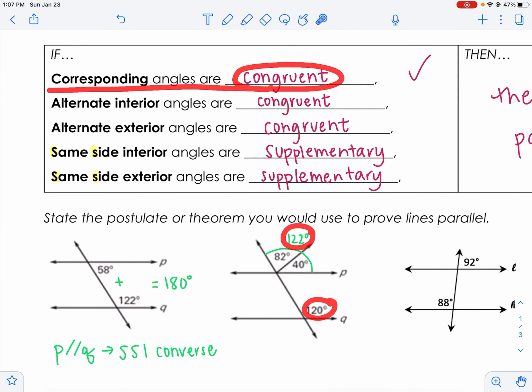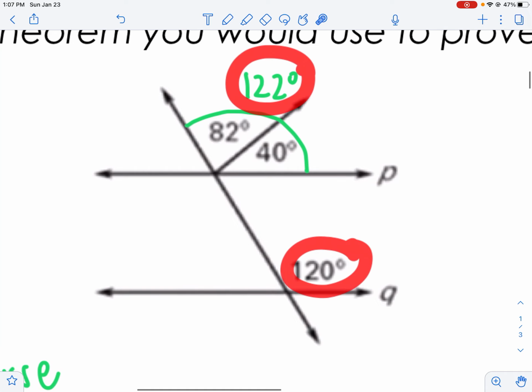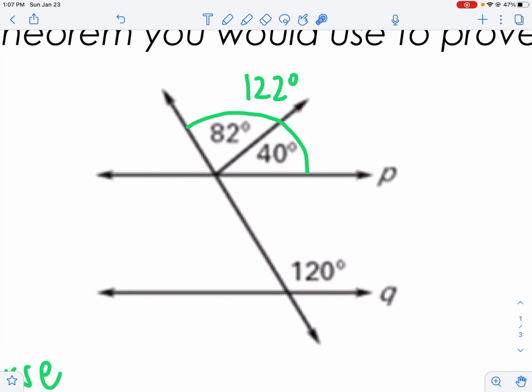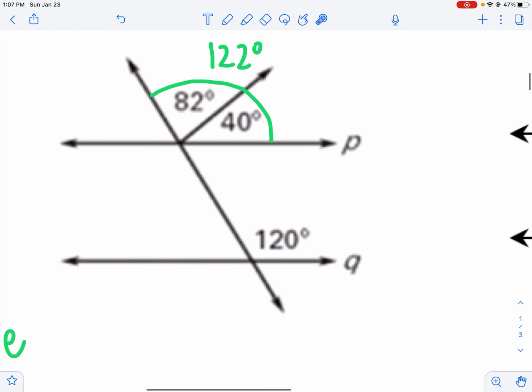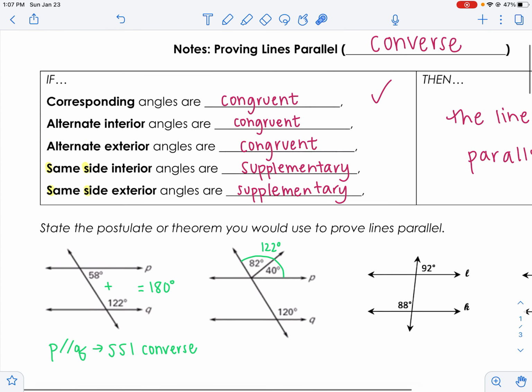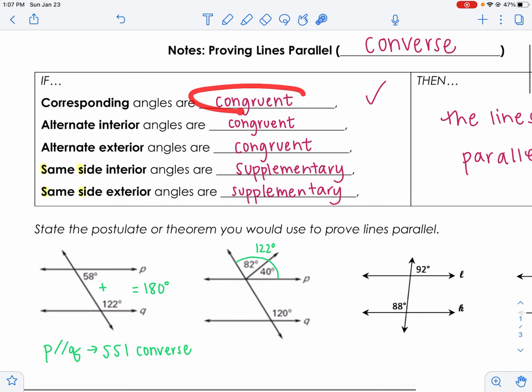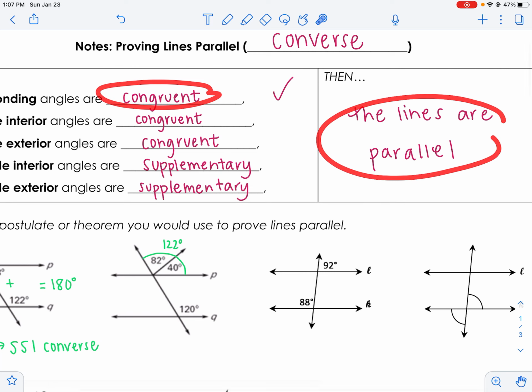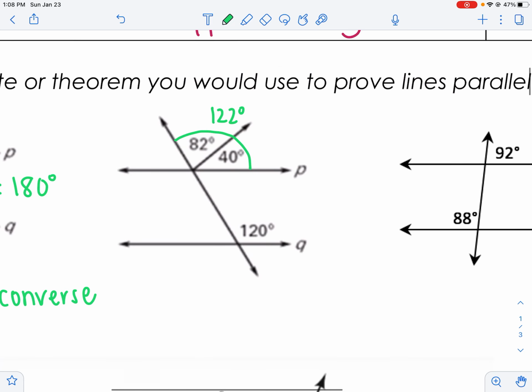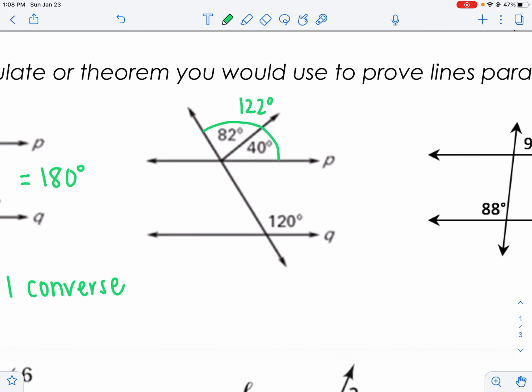Corresponding angles should be congruent, but they're not, which means that the lines are not parallel. If the corresponding angles were not congruent, then the lines are not parallel. That's the inverse. So I'm going to put no, they're not parallel.